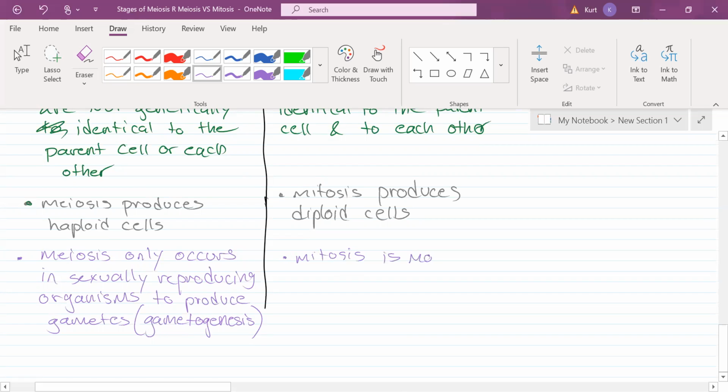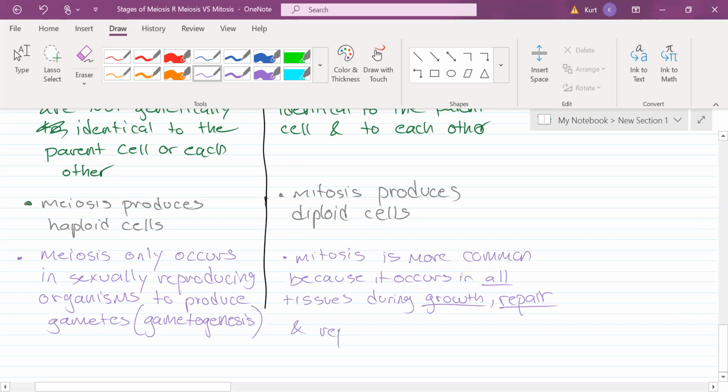Mitosis is more common because it occurs in all tissues during growth, repair, and replacement.